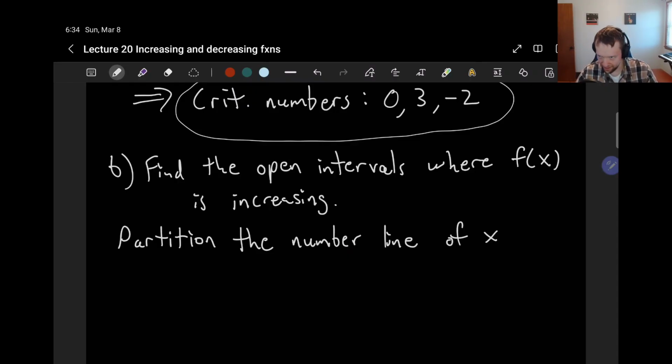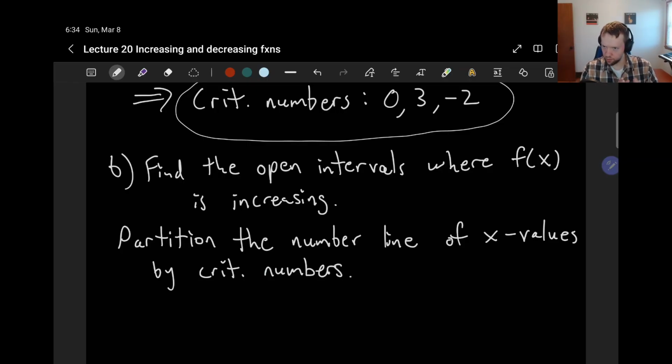And I'm talking about an x-axis in particular. So a number line of x values, partition them by critical numbers. These will define your special regions or sections on the number line.